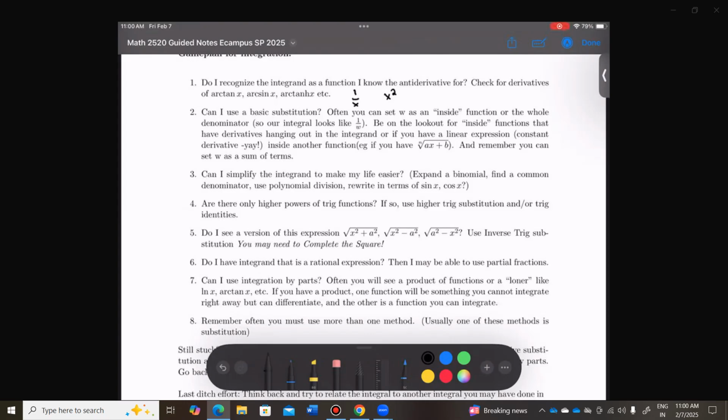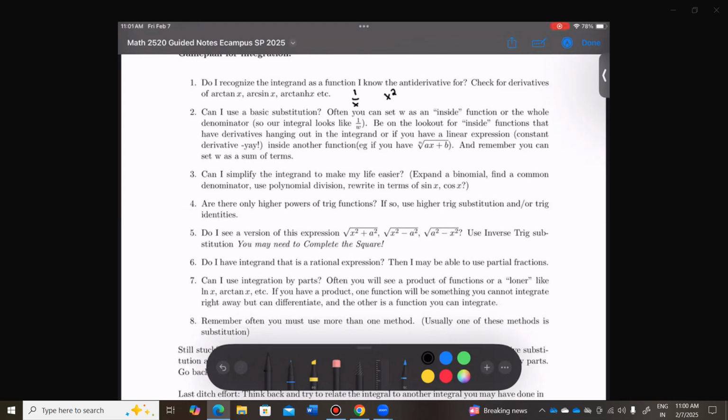The second thing is, can you do this with a basic substitution? Create like a u substitution and make the integral simple. If that's possible, then that's the first way to go, first way to try, I guess. All right, but we all know that not all integrals can be solved with a u substitution.